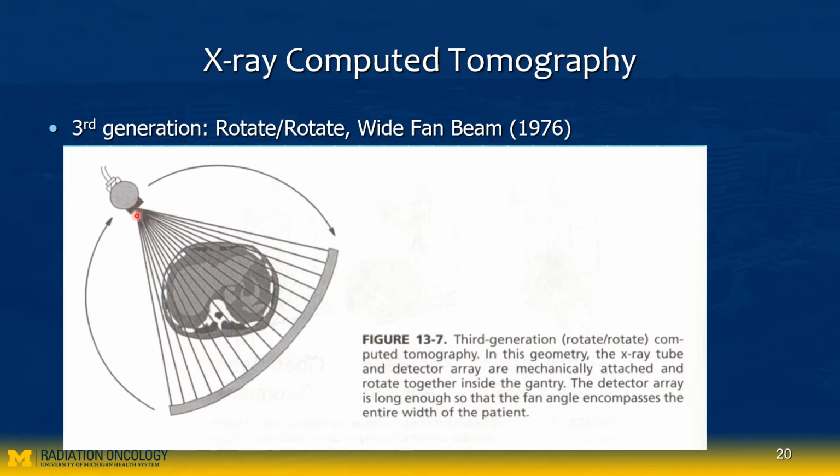So with one irradiation, it can capture the whole body anatomy that's wide enough. As it rotates, the detector panel and the X-ray source are paired together and rotate. With a single rotation, you can capture all that anatomy. However, with third generation CT, you cannot rotate continuously, because otherwise the cable will be tangled up. So you rotate one direction, clockwise, and then counterclockwise for the next slice.